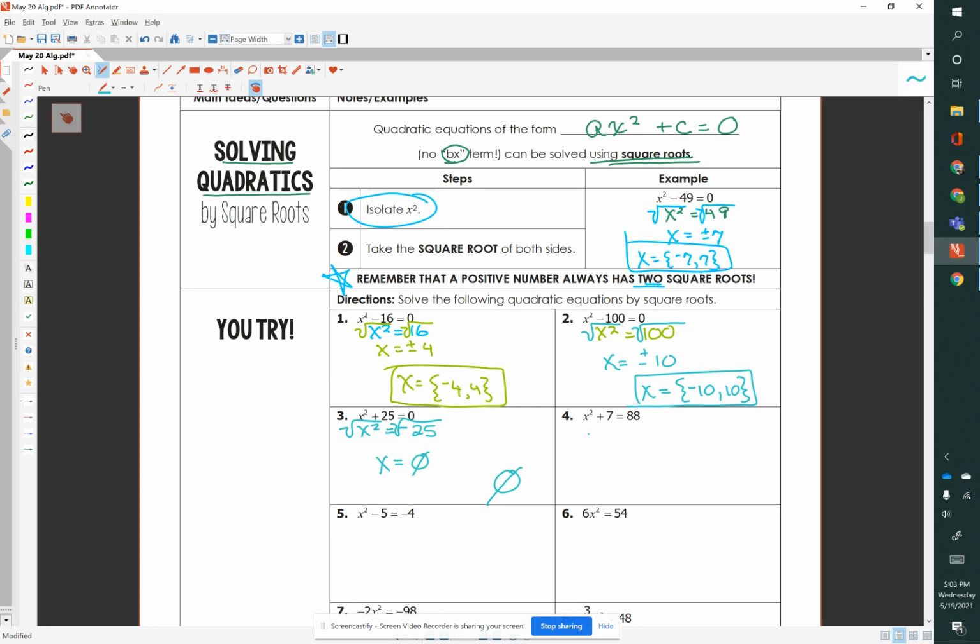Number 4, x squared. When we subtract 7 from both sides, we will have x squared equals 81. We'll take the square root of both sides, and x equals plus or minus 9.